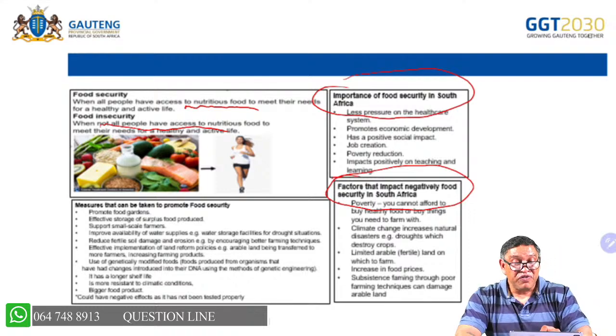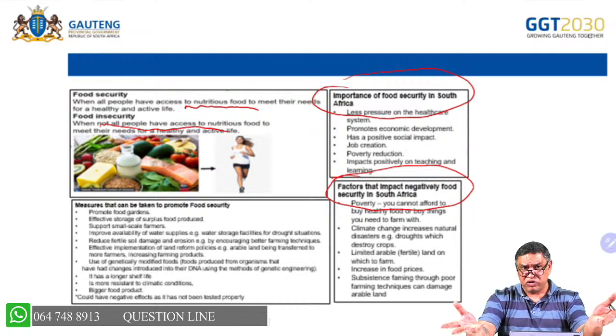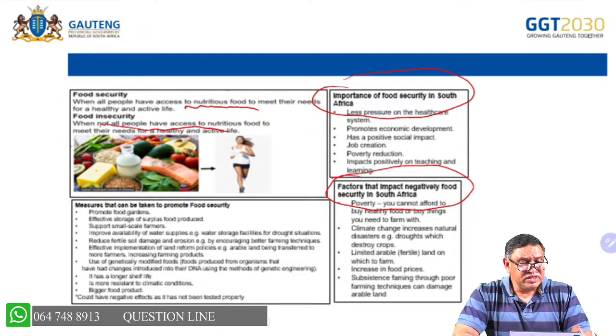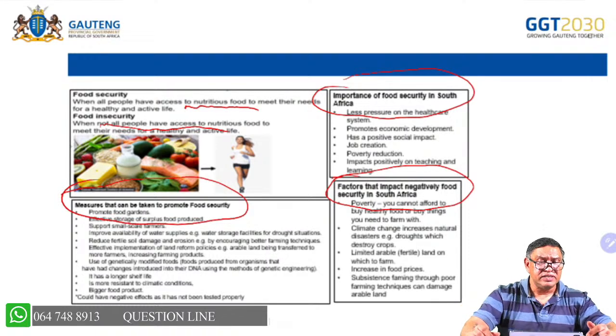So I need to know factors, at least 4 or 5 factors, learners, because the paragraph question is made up of 4 points.